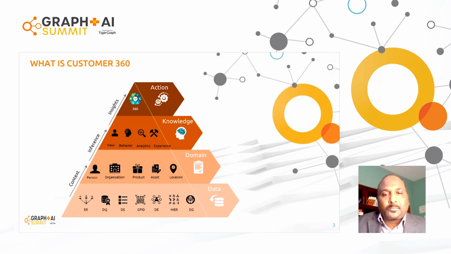Precisely, it sums up the domain agnostic approach. From an inference perspective, the knowledge that we are deriving is engineered to extract the Customer 360 view along with psychographics, firmographics, and demographics.